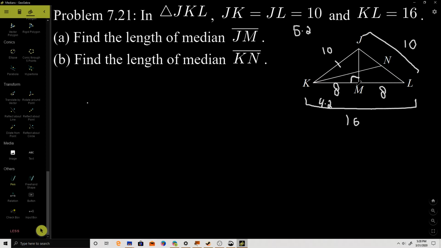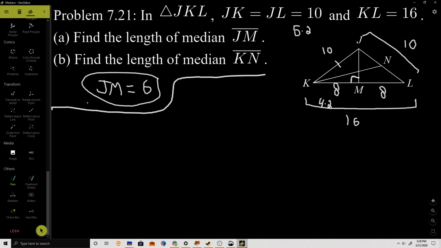That means JM, since it's a 5, 4, 3, or 3, 4, 5 triangle, has to be 3 times 2, which is 6. You can use the Pythagorean theorem to confirm that. I'm not going to worry too much about that. I assume you know how to use Pythagorean theorem at that point, and I'd rather just do it the easy way. Alright, so JM is 6.